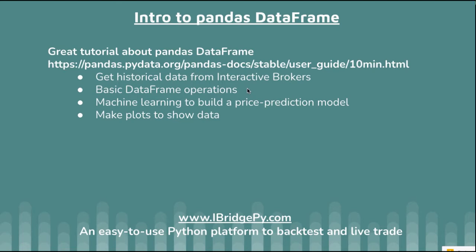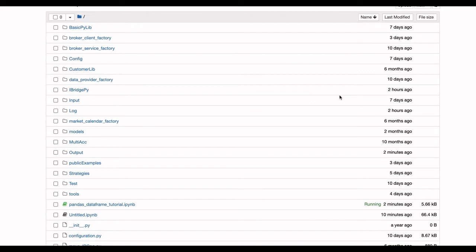Then I will use a machine learning skill to build a price prediction model, which uses yesterday's price to predict tomorrow's price. And then after I have the model, I will make plots to show data, to give you a real-time demo.